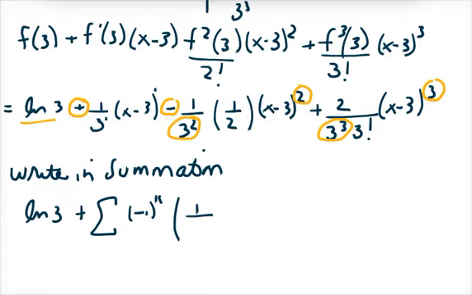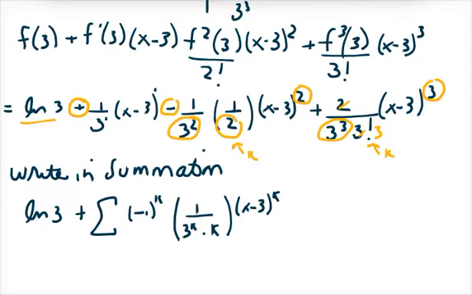I see a 1 over 3 to the k, and notice that you also have it multiplied by k. Right? This cancels out, and you're left with a 3 down here. So I see a k here. So 1 over 3 to the k times k, and then x minus 3 to the k.